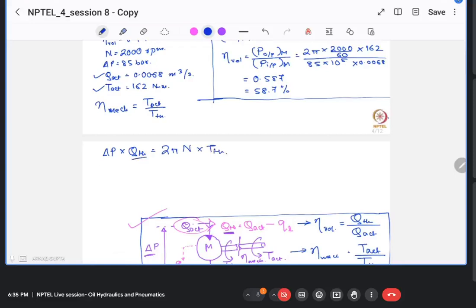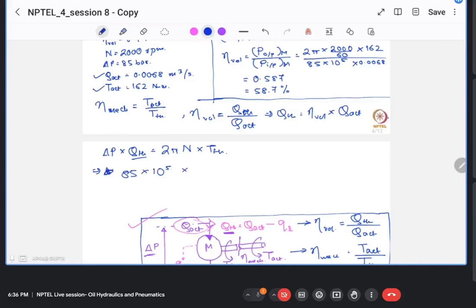And how will you get Q theoretical? Again, you're given the volumetric efficiency, which is Q theoretical by Q actual. So your Q theoretical is eta vol multiplied by Q actual. So your delta P is 85 into 10 to the power 5.